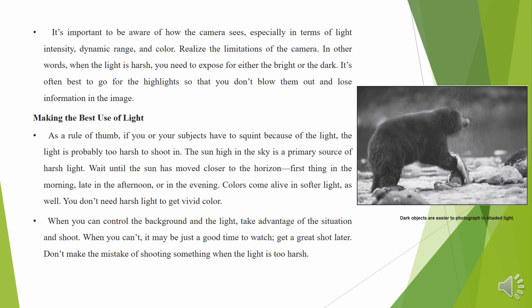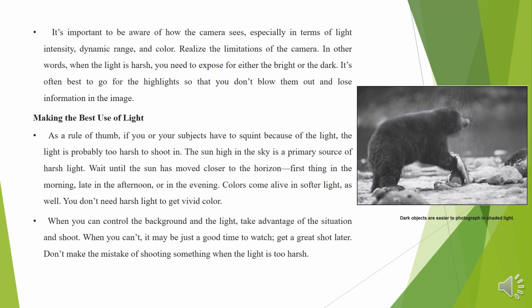Next, it's important to be aware of how the camera sees, especially in terms of light intensity, dynamic range and color. Realize the limitations of the camera. When the light is harsh, you need to expose for either the bright or the dark.